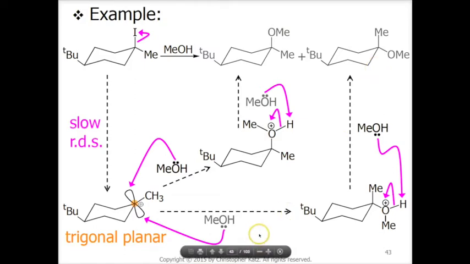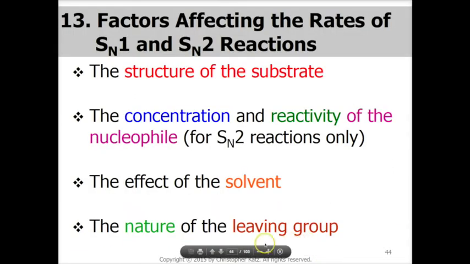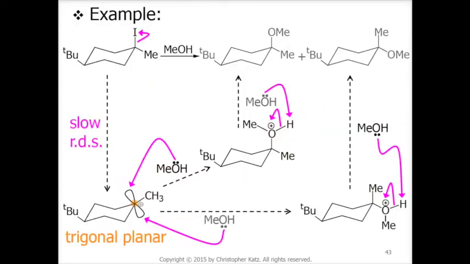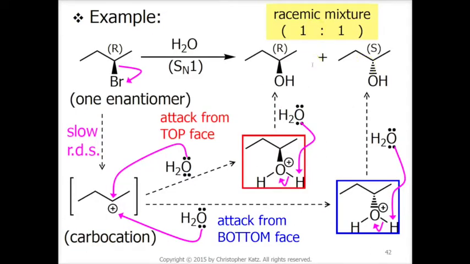Now, in this case, this is a very strange case, because I submit to you that these two guys here are not necessarily equivalent in terms of energies. Here, there's no question that the R and the S alcohols are equivalent in energy, because they're simple molecules.